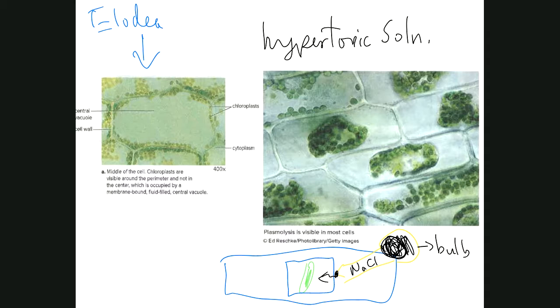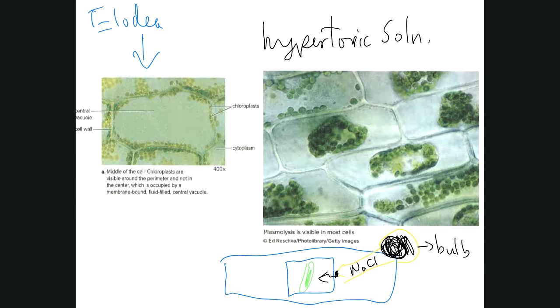And what happens to any cell in a hypertonic solution? The cell loses its water, right? The sodium chloride molecules can't go through the plasma membrane, but what can move is the water.